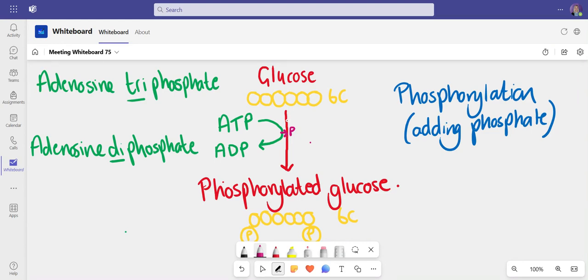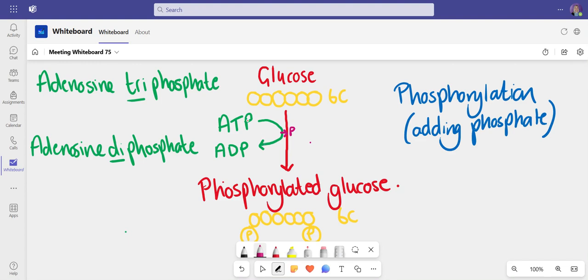So we've got glucose coming in from the top here, we've got ATP coming in here, and where they meet, the phosphate is being transferred from the ATP onto the glucose. If we follow the arrow down, we're making a phosphorylated glucose. You can see that one phosphate sticks on here, and one phosphate has stuck on here.